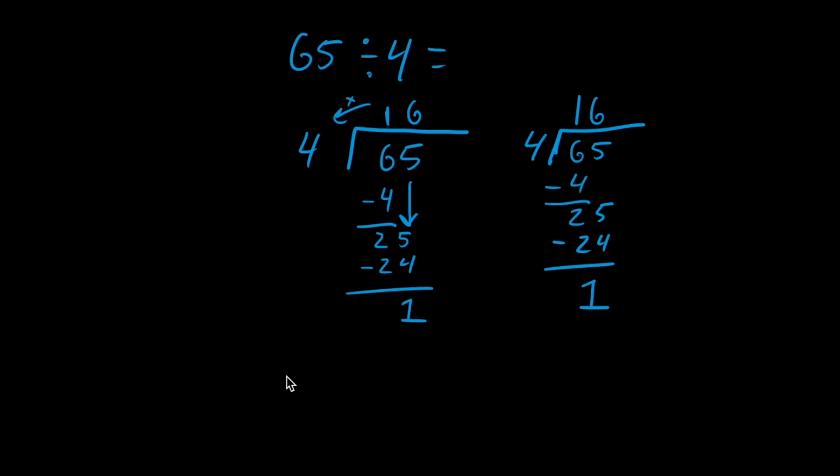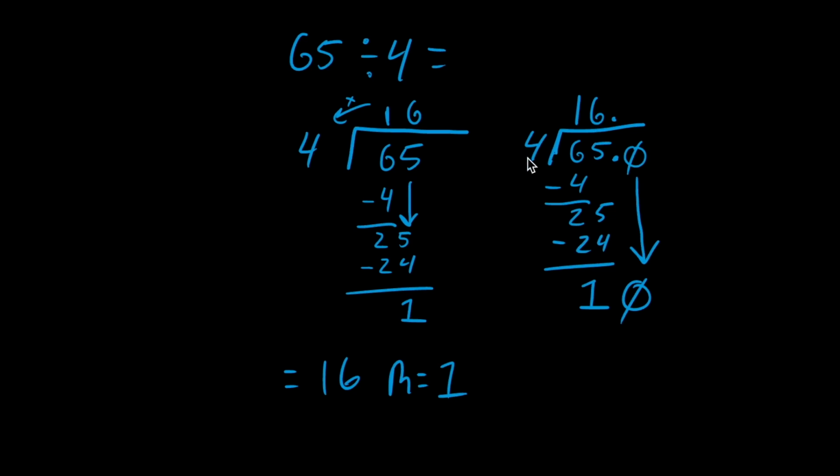Now for the decimal, we will add the decimal after the dividend number, 65, and then write 0, and then add a decimal after the 16, and then you want to bring the 0 down so we can turn this 1 into a 10.